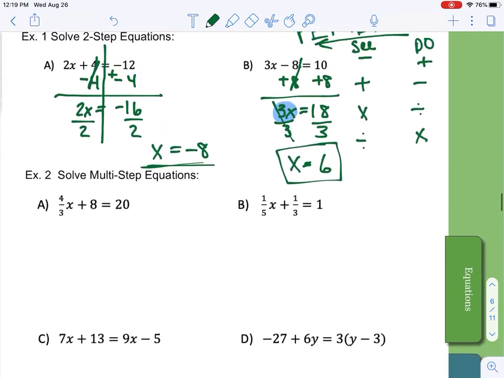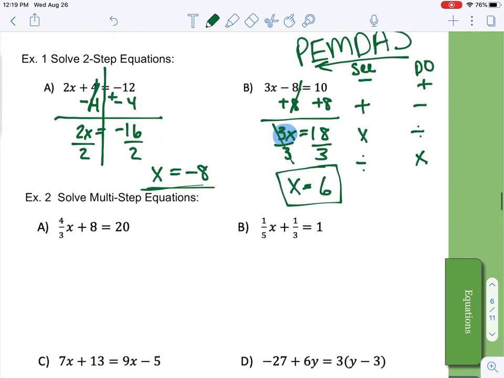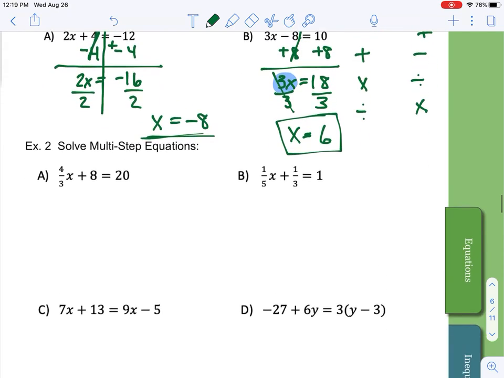Now we're going to solve some more equations. Once again, I see addition, so I'm going to go ahead and subtract 8 on both sides. And I get 4/3 x equals 12. Now we can't divide by a fraction, but we can multiply both sides by the reciprocal.